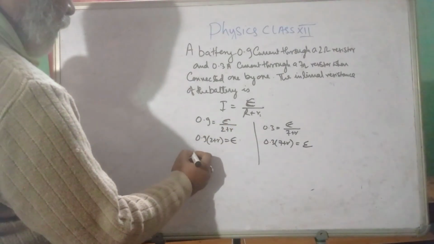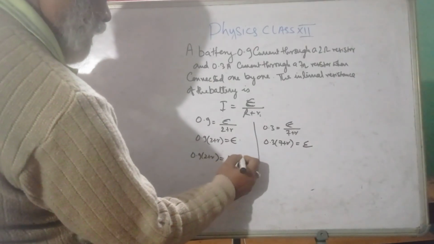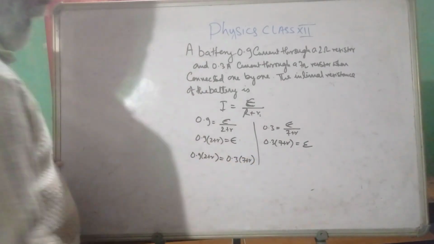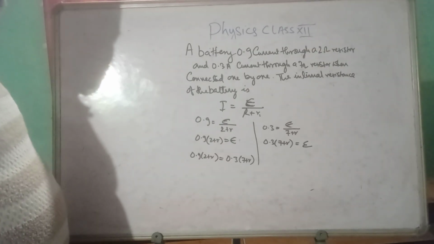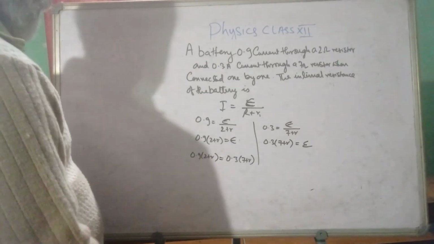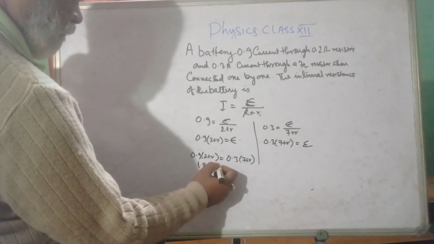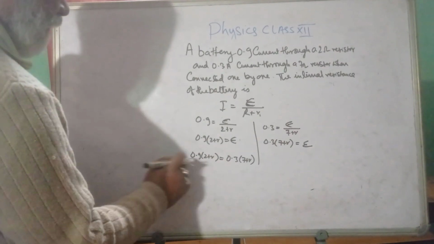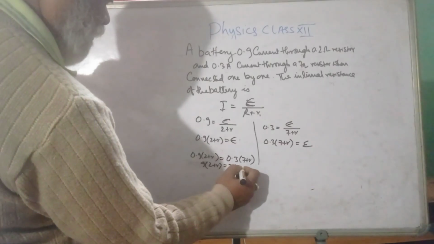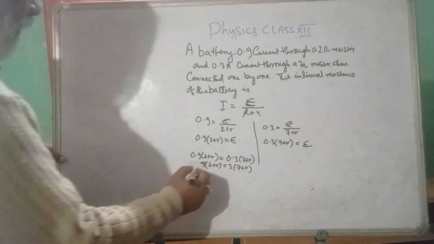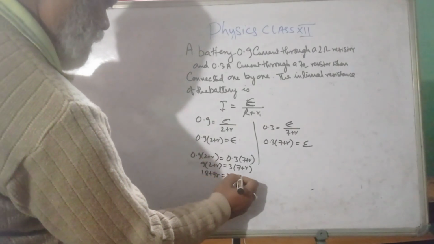If we equate this, 0.9(2 plus r) is equal to 0.3(7 plus r), and if you solve this equation, let me solve it. We can write this as 9(2 plus r) = 3(7 plus r). So this is 18 plus 9r = 21 plus 3r.